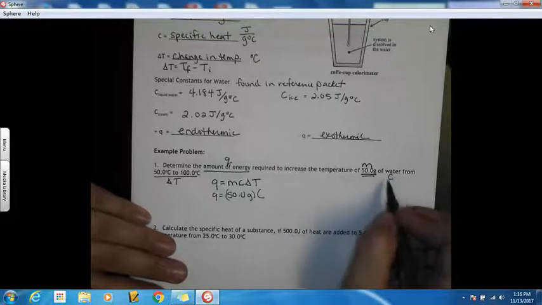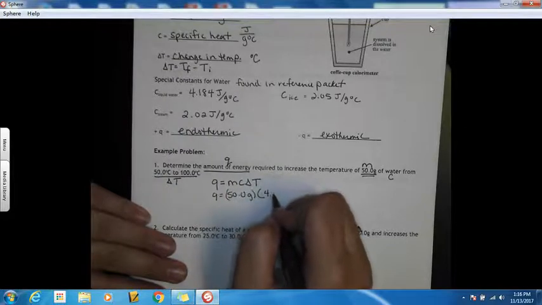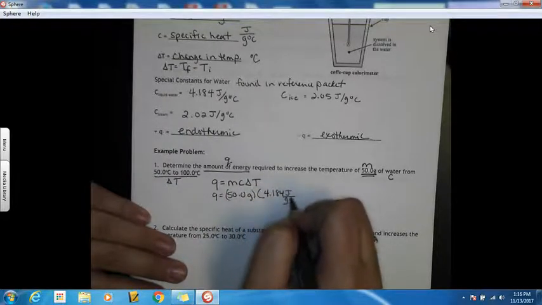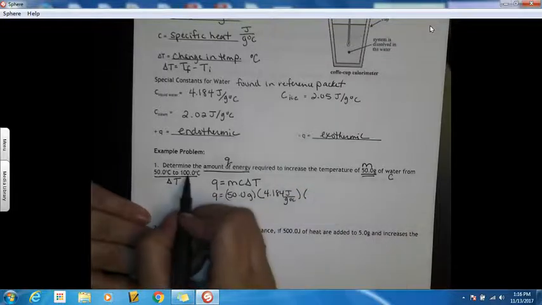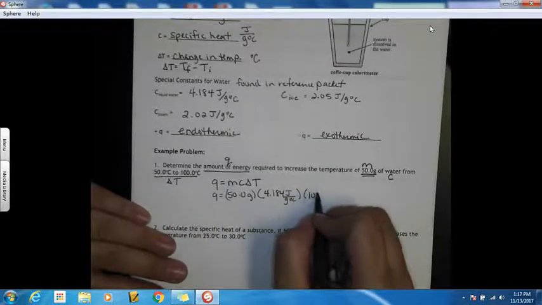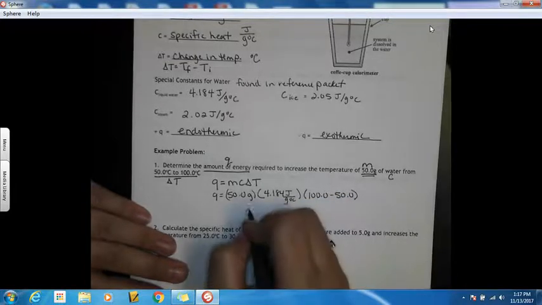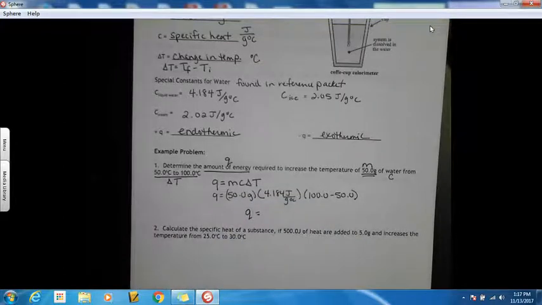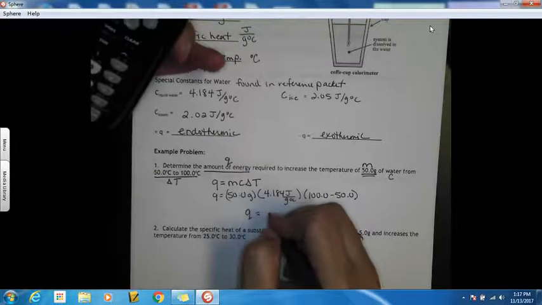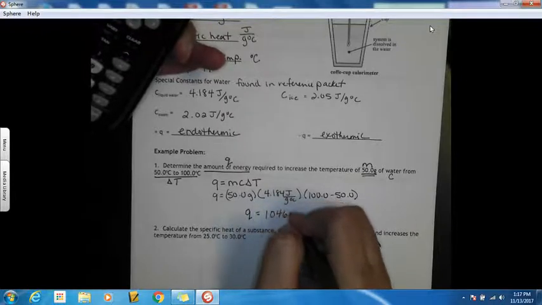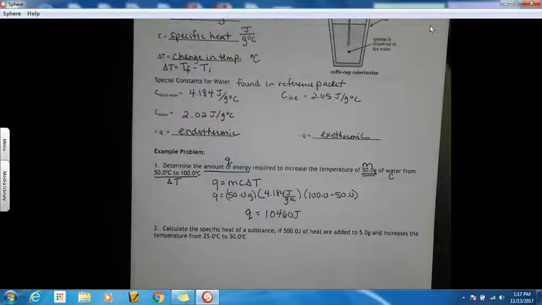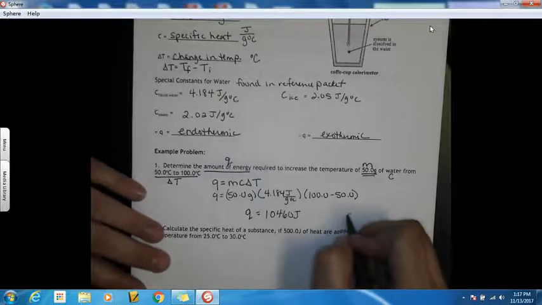If we're talking about water and it's at 50 degrees, then it's liquid water, so specific heat would be 4.184 times delta T, again, final temperature minus initial temperature, so 100 minus 50, and then we solve for Q. And we get 10,460 joules. Again, it's positive, so this would be endothermic.